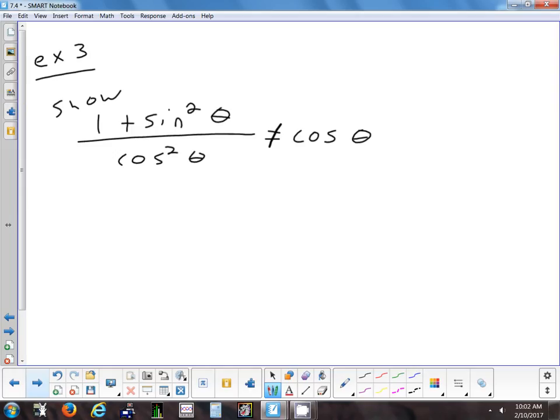All right. This one, I'm not going to go through and do it, but it's a little different. It says to show that what's on the left is not equal to what's on the right. Anybody think how you could show something is not true?